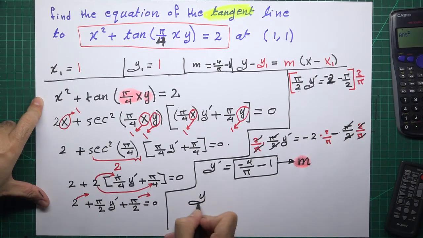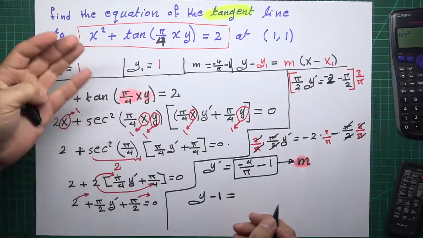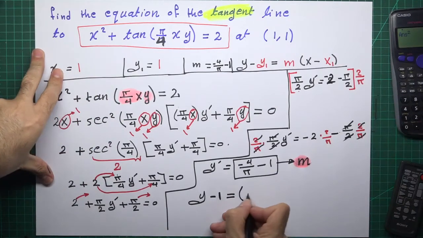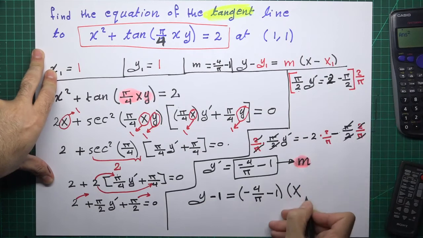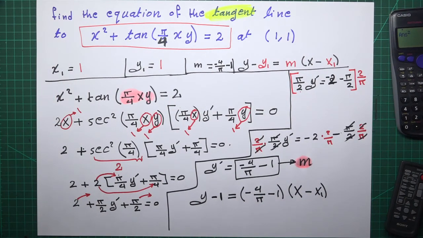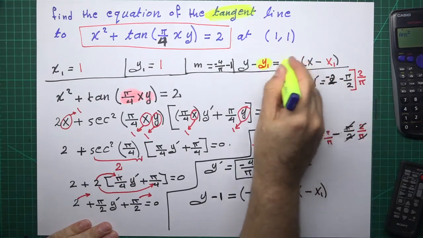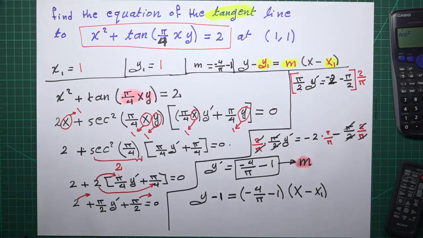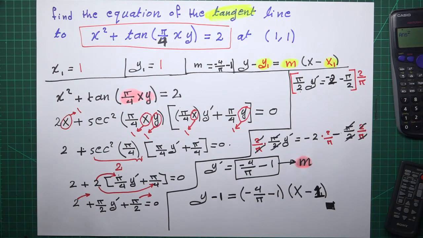So it will be y minus y1, which is 1, equals m شكلها مش جميل، ولكن هذا هو الموجود. يعني m ممكن تكون راشنال أو irrational. بهذه الكيس هي irrational. m هي minus 4 over pi minus 1 times x minus x1. أذكر يا أحبتي إنه we replace y1, m and x1. so هذه هي الايكويجن طبعا. سوري x1 اللي هي هون 1, x minus 1. طبعا هذه الايكويجن لا نفكر نعمل فيها simplification، يعني هي معقدة بما يكفي. أي محاولة منا إنه نعملها simpler I think it will be much more complicated. so leave it as it is وشكرا.